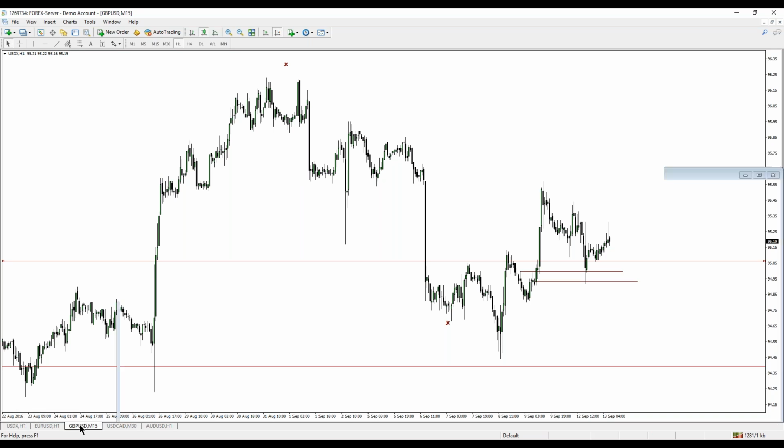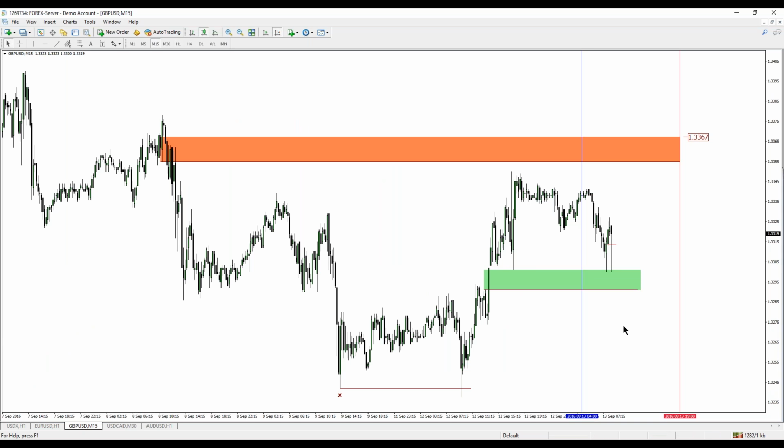And again, it's probably just a precursor to the effects that Draghi's going to have when he starts talking in about 25 minutes. The main thing is I want you to understand that we were looking for a response down in here, with ultimately an expansion to occur to take us up into this area here.